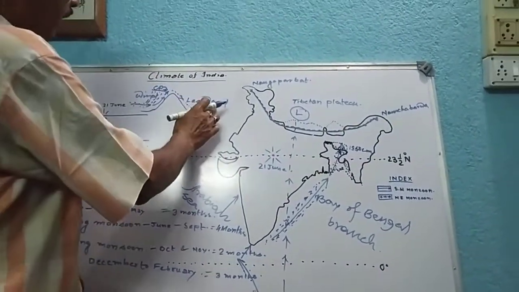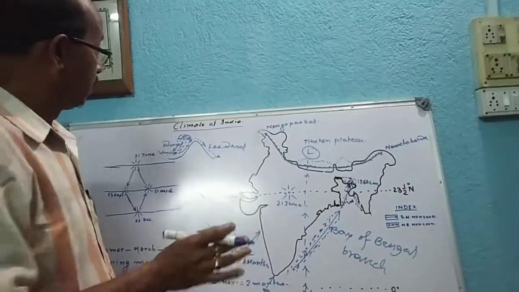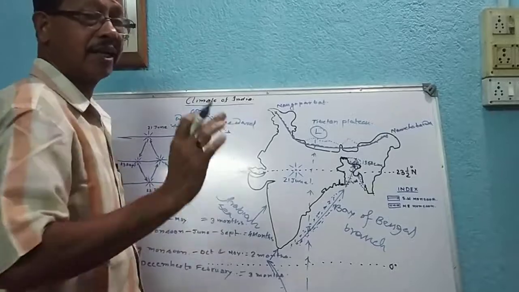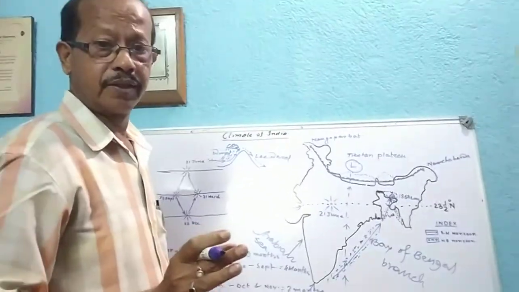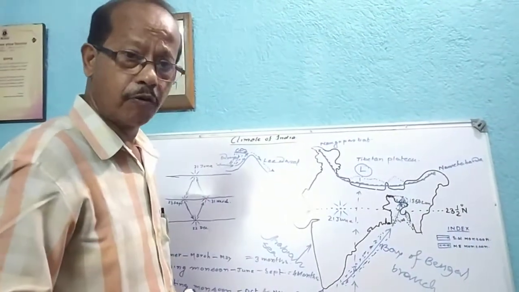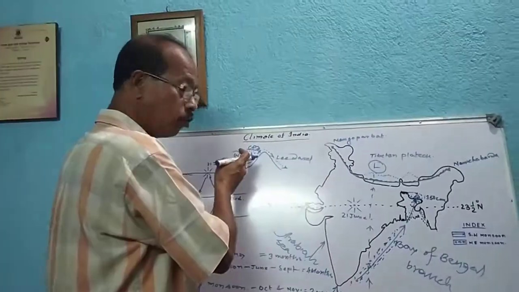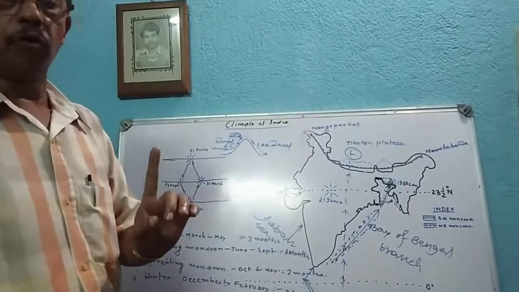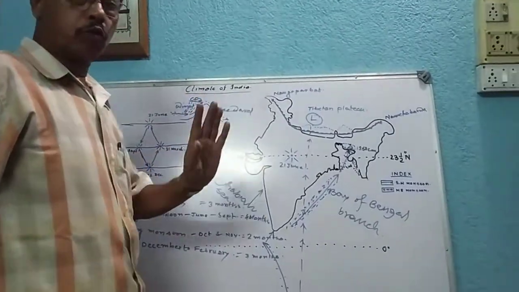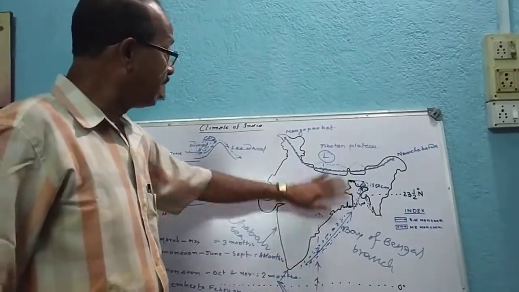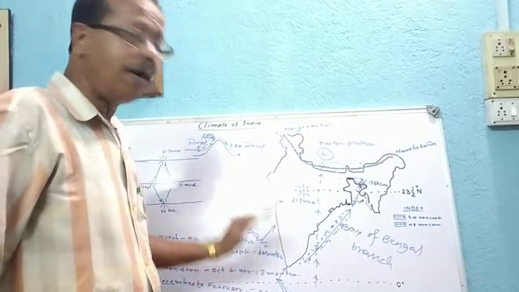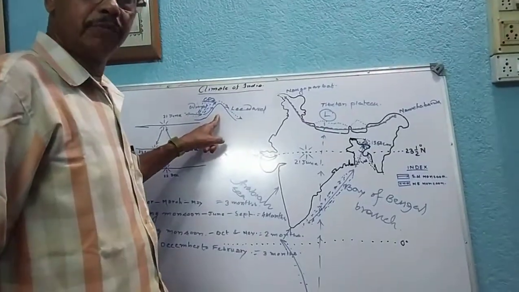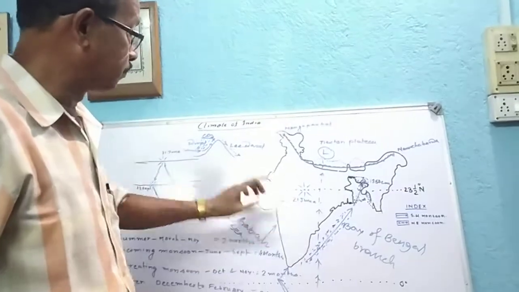So this area receives scanty rainfall. This leeward slope is known as the rain shadow area that receives scanty rainfall in comparison to the windward slope. This type of rainfall is known as orographic rainfall. It is also to be mentioned that the Indian annual rainfall maximum takes place in this type, that means orographic rainfall.